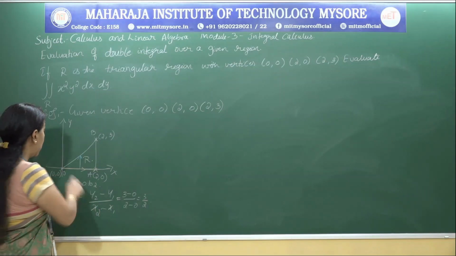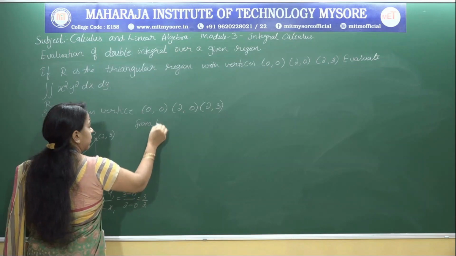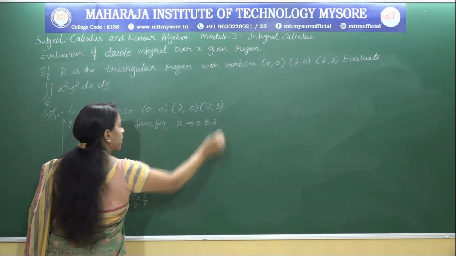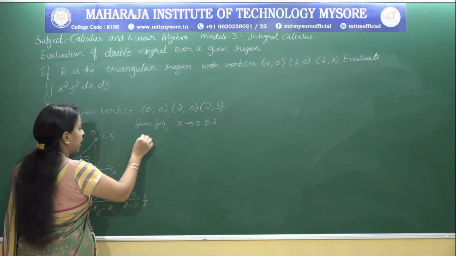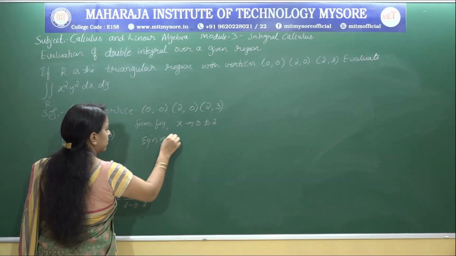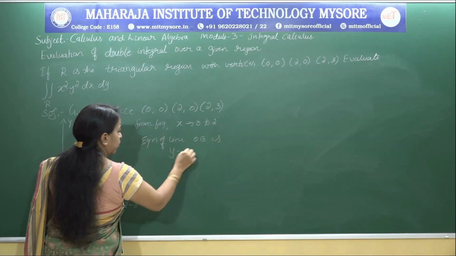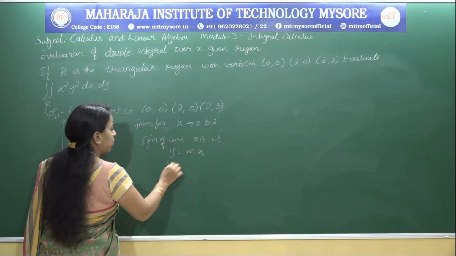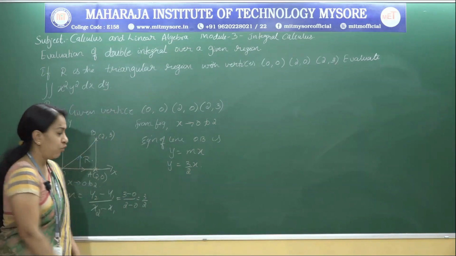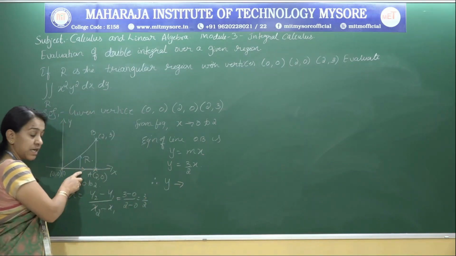Therefore, from the figure, x varies from 0 to 2, and the equation of line OB is y equals mx, where the slope is 3 by 2, so y equals 3x by 2. Therefore, y varies from the x axis, right?